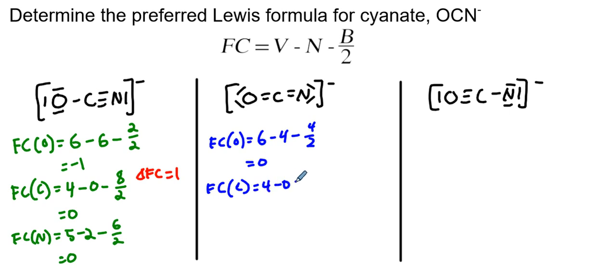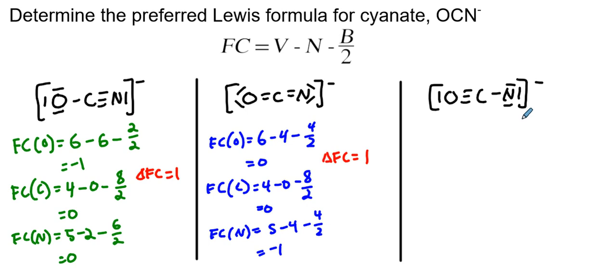No lone pairs, 8 bonding electrons, formal charge of 0. And then we have the nitrogen. The nitrogen here, 5 minus 4 minus 4 over 2, that's going to give me a value of -1. So this option, just like the first option, has a change in formal charge from most positive to most negative of 1. So far these seem pretty equivalent.